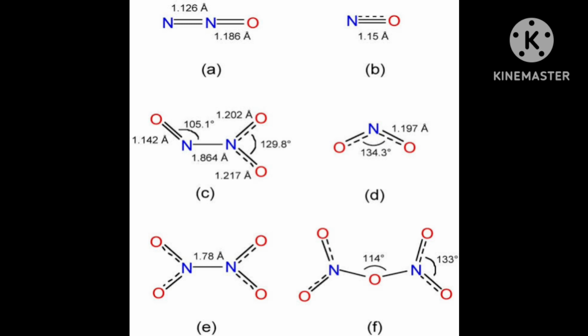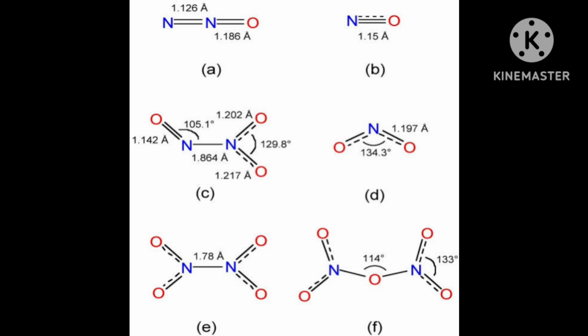Now count for the nitrogen. Nitrogen is making a double bond with 1 oxygen, which is 4 electrons, and with the other oxygen 2 electrons. Then 4 plus 2, 6 electrons, and with the other nitrogen they are making a single bond, both nitrogens, so 2 more, then 8 electrons.